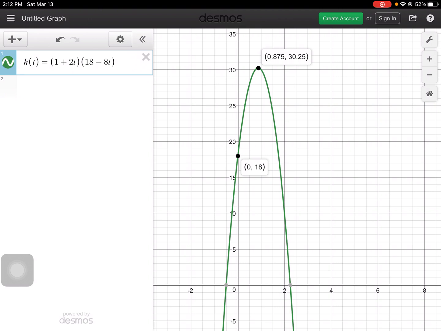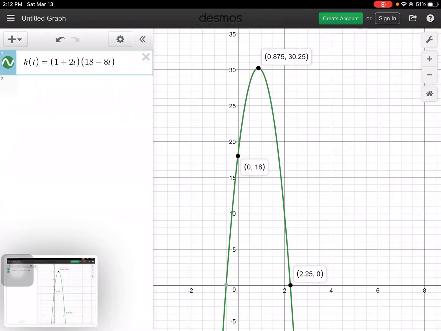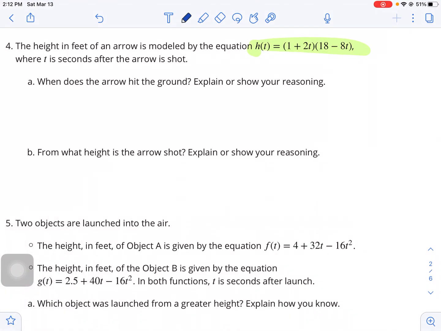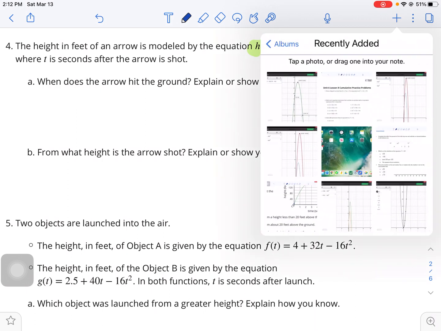It reaches a maximum of 30.25 feet after 8.875 seconds. And after 2.25 seconds, it hits the ground. So I'm just going to screenshot this and bring it over to the Notability so we can answer our questions without flipping back and forth.